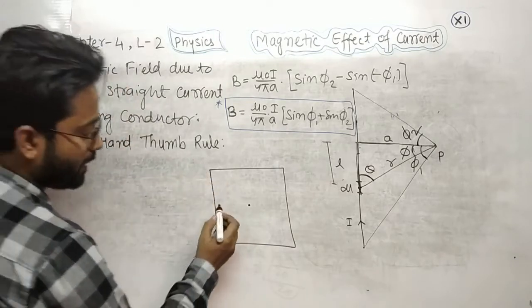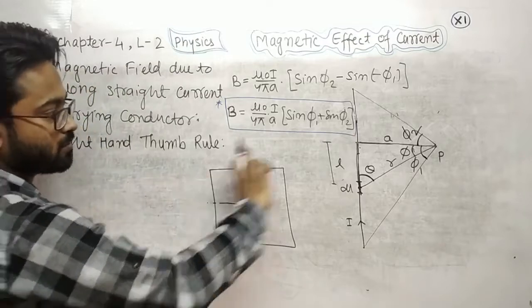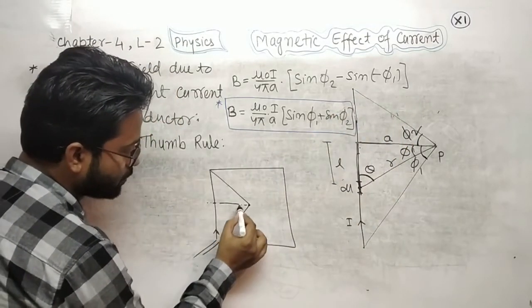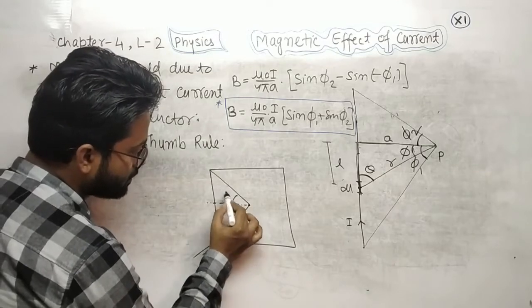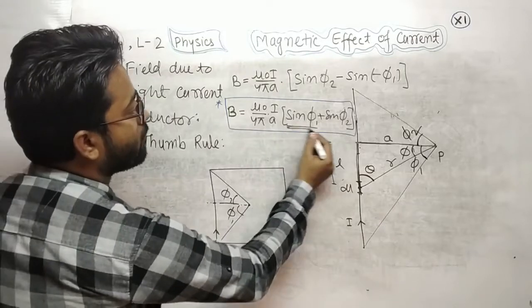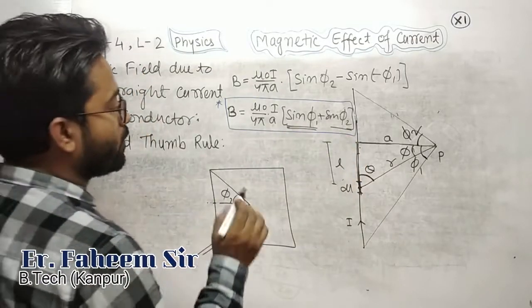This is a finite wire. You can compare this portion from this side, that means this is phi 1 and this is phi 2. Phi 1 and phi 2 both are 45 degree, and putting the value sine 45 degree, that is 1 by root 2 plus 1 by root 2, that is 2 by root 2.